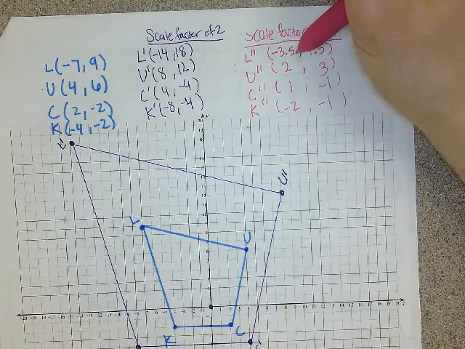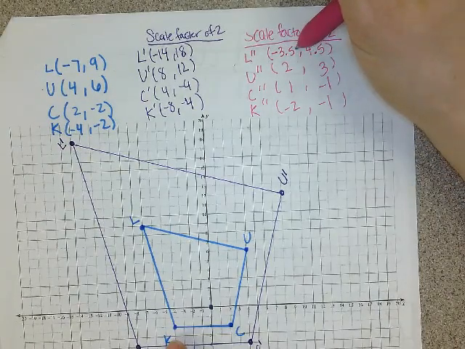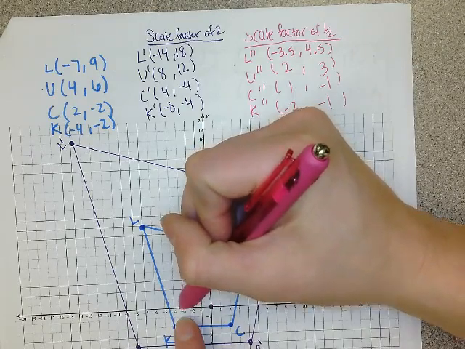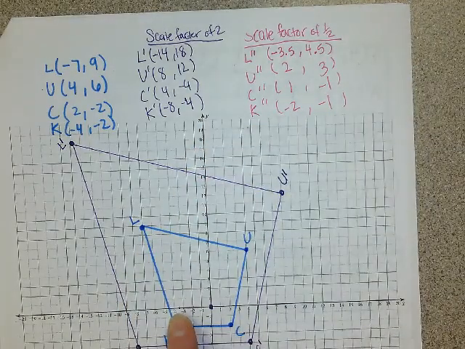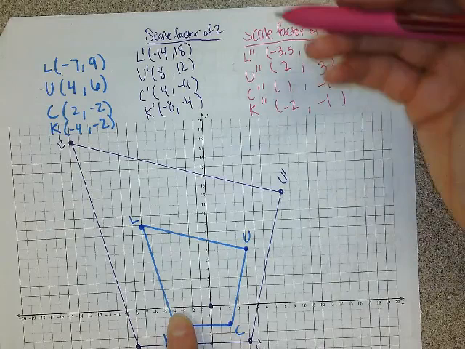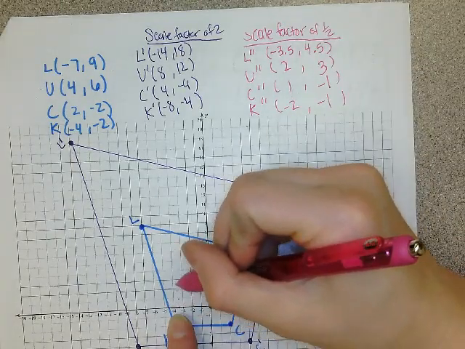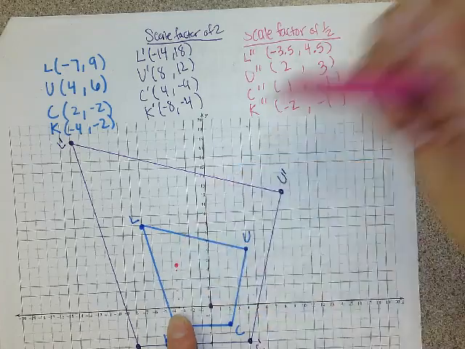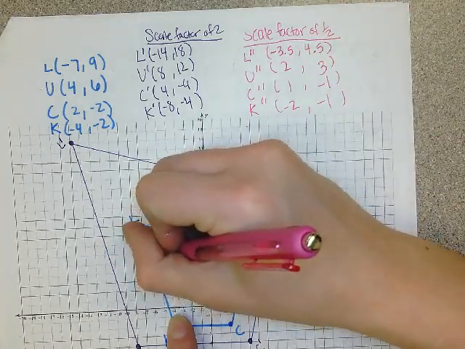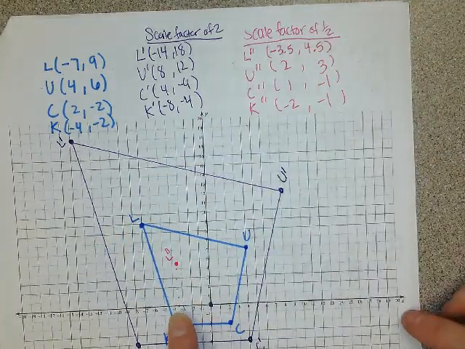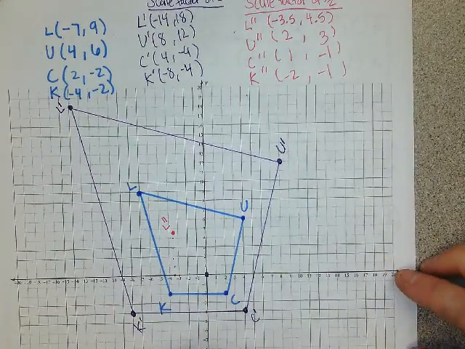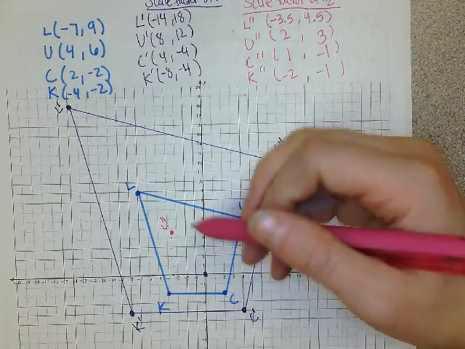So the L prime, negative 3.5, 4.5. So I'll go negative 3, and then go halfway, because it's 3.5, right? And then I go up 4, and then halfway in between 4 and 5. So there's my L double prime. Okay. U prime, 2, 3.